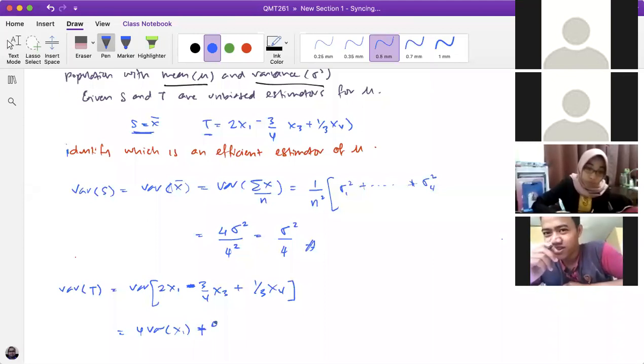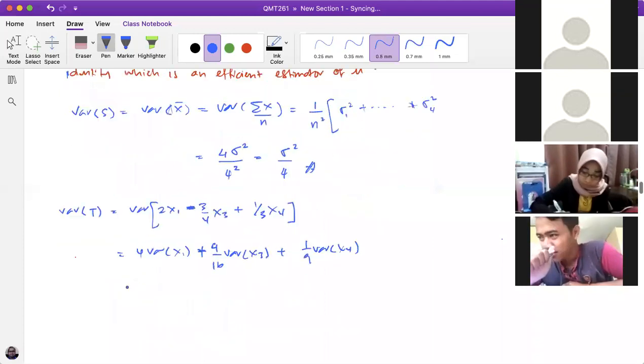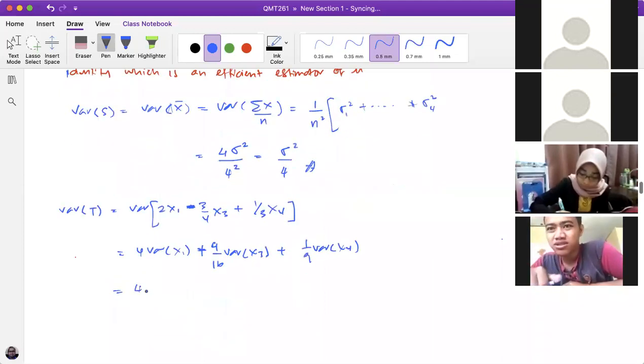This is going to be 9 over 16 variance x3 plus 1 over 9 variance x4. So this should be 4 sigma squared plus 9 over 16 sigma squared plus 1 over 9 sigma squared.